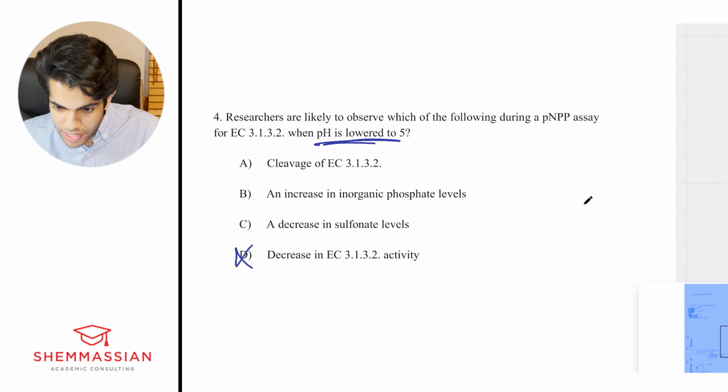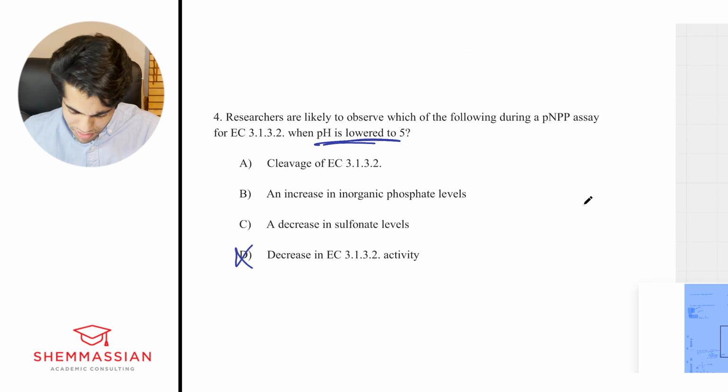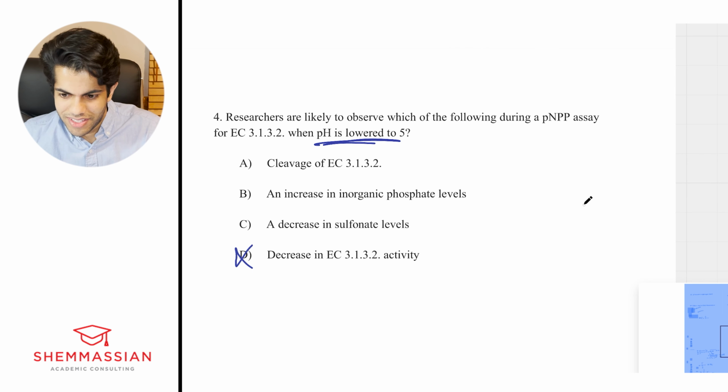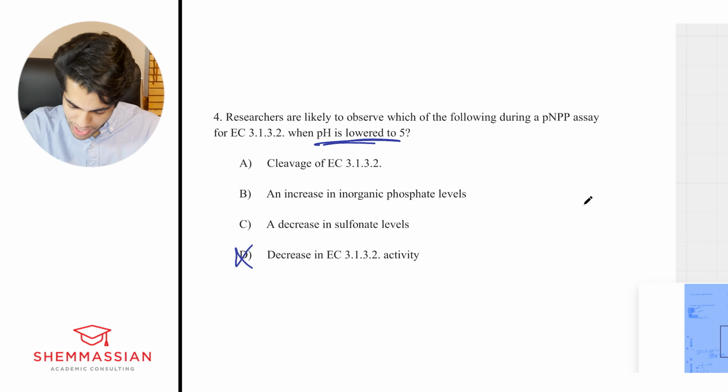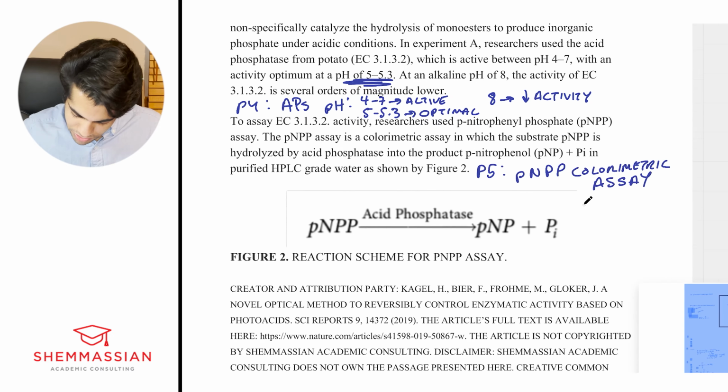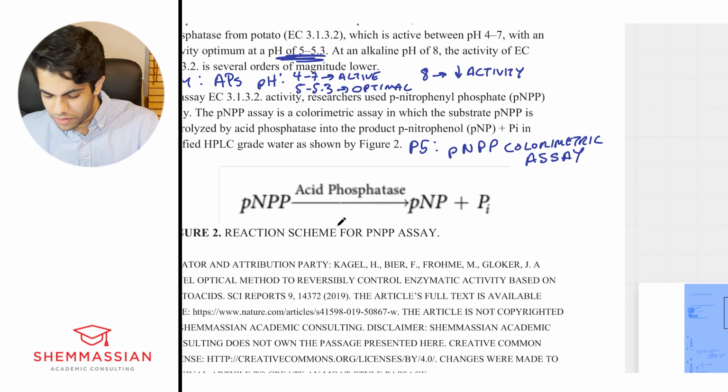So with A, they mentioned cleavage of EC 3.1.3.2. Nothing in the passage really indicated that the enzyme itself would be cleaved. This really has more to do with the substrates themselves, that we're going to see this reaction with the PNPP. We're going to have some hydrolysis, and we'll have the inorganic phosphate and also the P-nitrophenol on the product side.